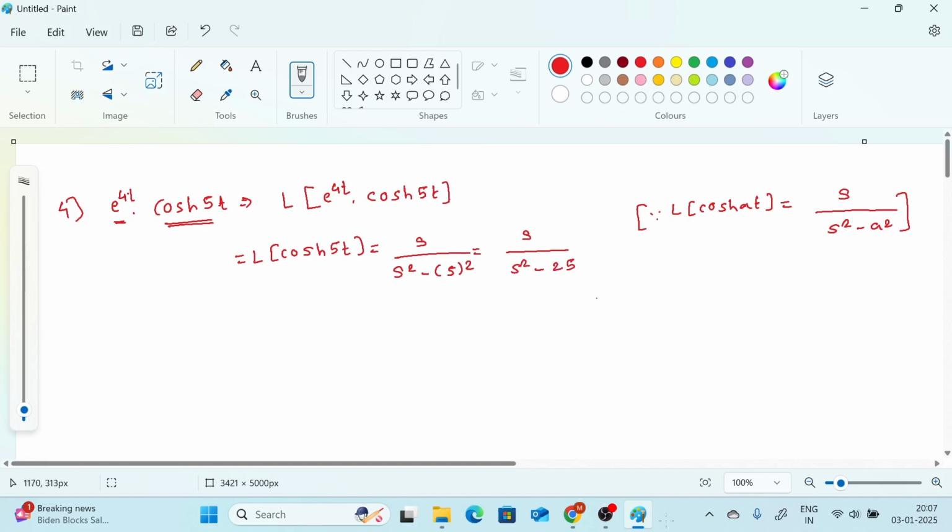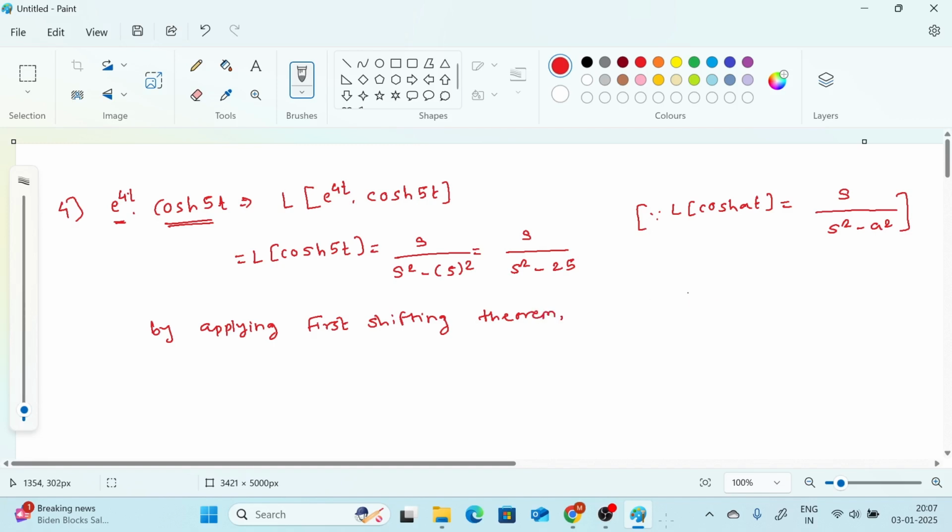Now, what we have to do is apply the first shifting theorem.